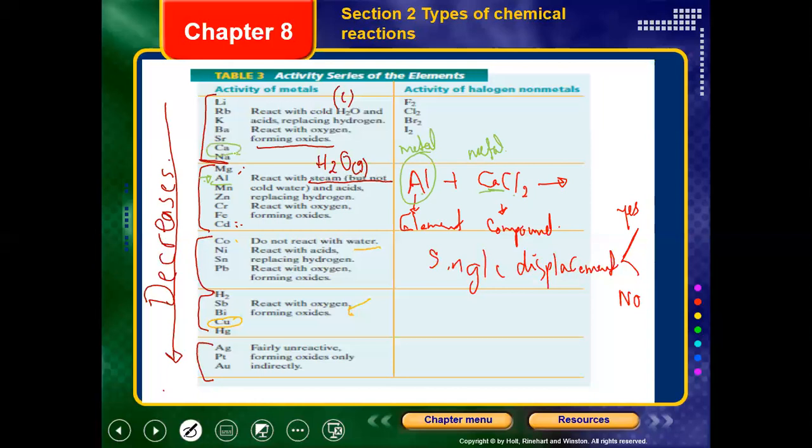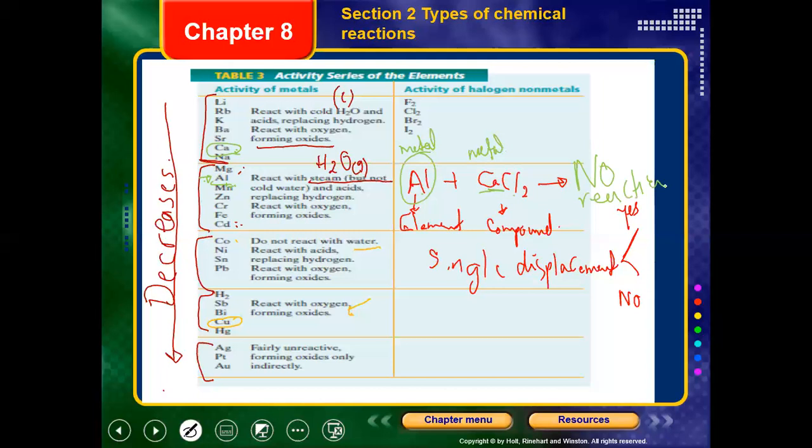If calcium comes above aluminium, it means aluminium is weaker, less reactive than calcium. So Al is less reactive than Ca, it cannot replace the calcium, so there is no reaction.